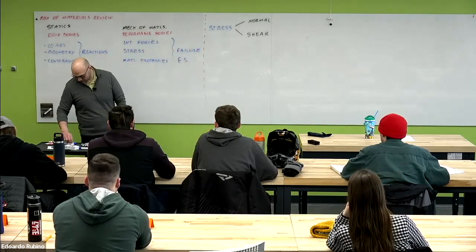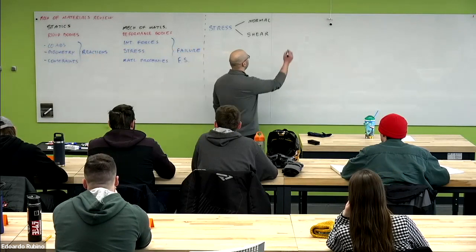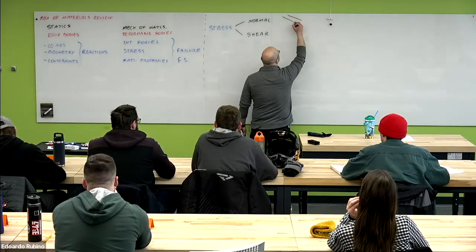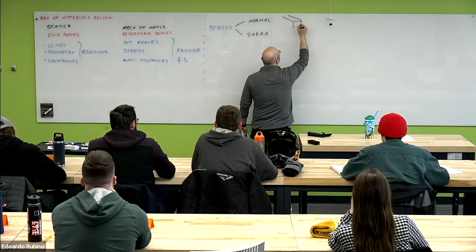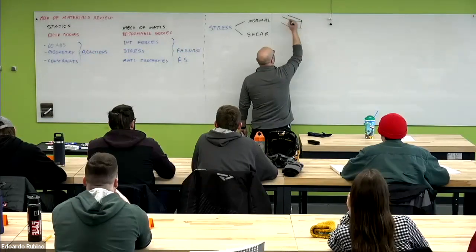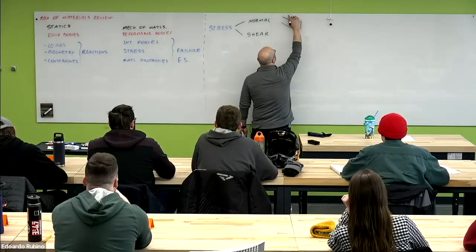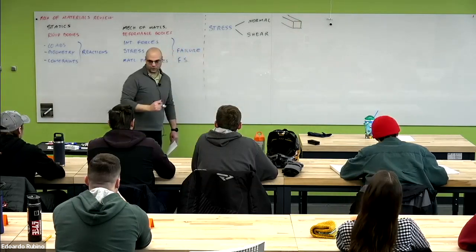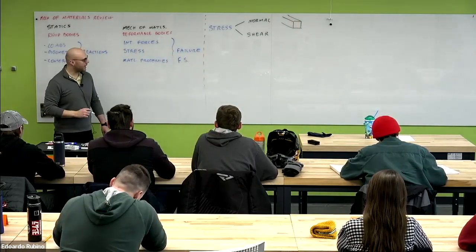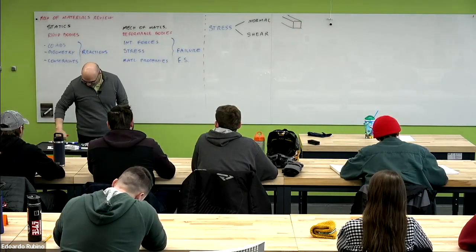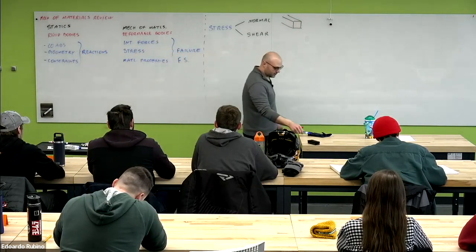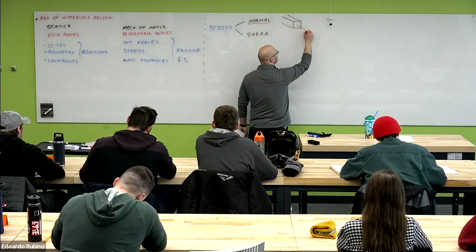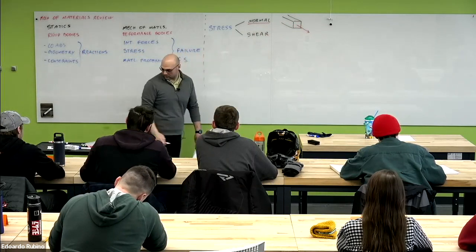So if we want to do a schematic of this, if this is the cross section of our beam where we made our cut, the normal stress is perpendicular to the cross section.